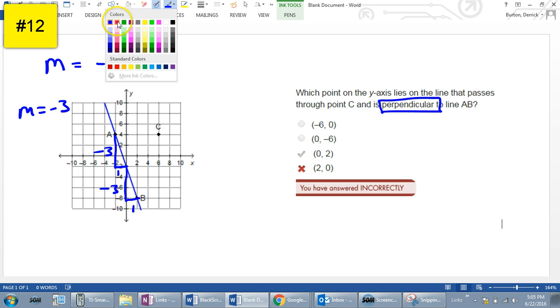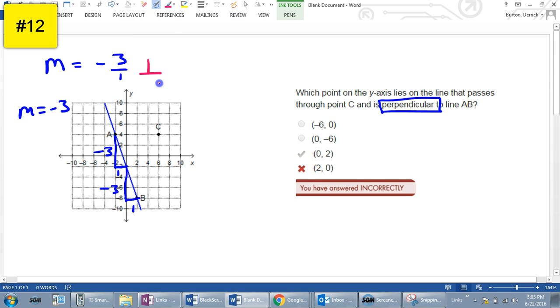Okay, now if I have a perpendicular line, which is what they're asking me for, then I'm going to have to do opposite and reciprocal. Alright, so the reciprocal of this would be 1/3. And since the original one was negative, then I'm going to need a positive 1/3.